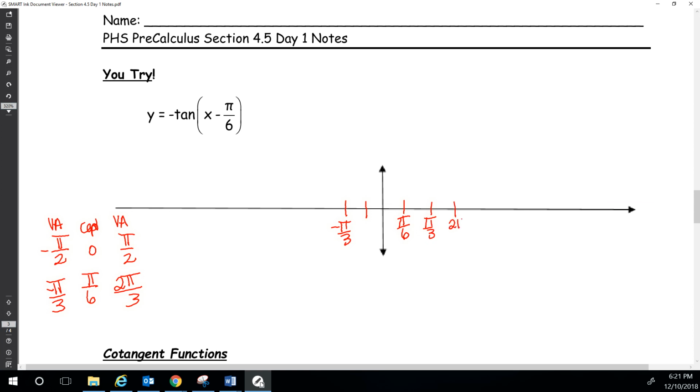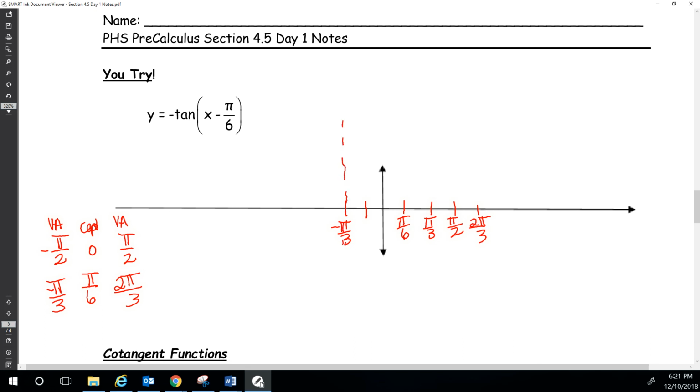And then this will be 2 pi over 3. I think I have that right. It doesn't seem quite right. See, this is 1 over 6, 2 over 6, 3 over 6. That's what I'm missing. There's 3 over 6, which is pi over 2. 4 over 6 is 2 pi over 3. There we go. You don't need the guys in the middle. It's just helping me space it out.